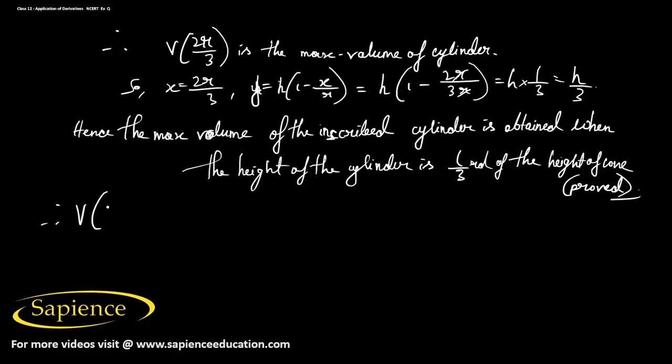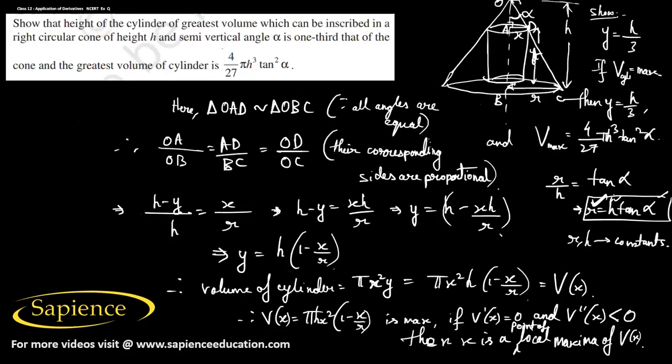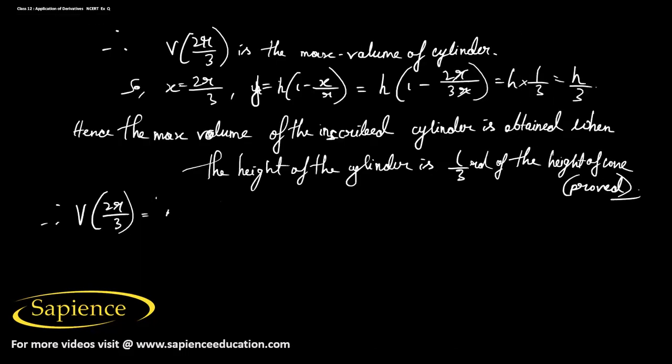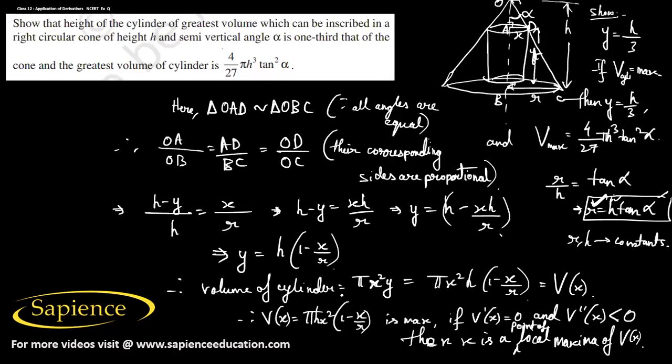So now therefore V of 2r by 3, that is the maximum volume of the cylinder, will be equal to V of x, that is pi h x square into 1 minus x by r.